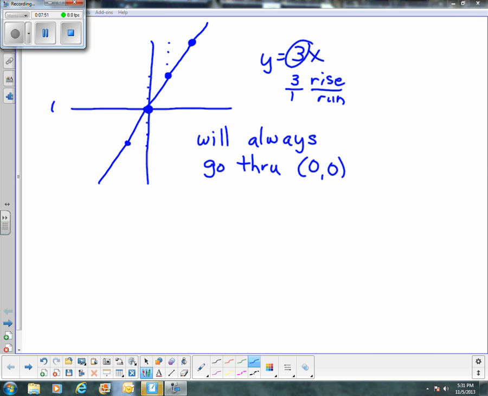So if you look at this line that we just did, is this slope positive or negative? It's positive because we look and see that it's rising. So we know that it's a positive slope. We also know it's positive because the constant is positive. Okay, now the y-intercept. Y-intercept is where the line will cross the y-axis.